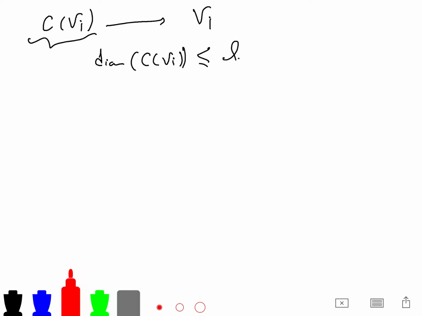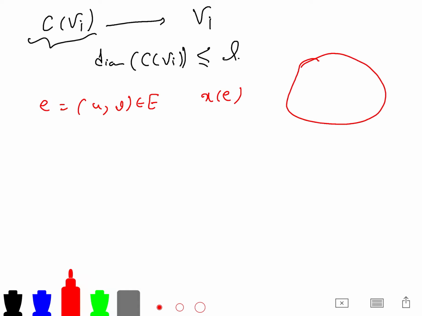But let D be a probability distribution over a set of L-partitions, and consider, for example, an edge (u, v). X(e) is the probability under that distribution that u and v belong to different clusters. For example, this is V1. If you induce the graph by V1, when you remove that, we have two clusters. This is v, this is u, this is the edge I mentioned.